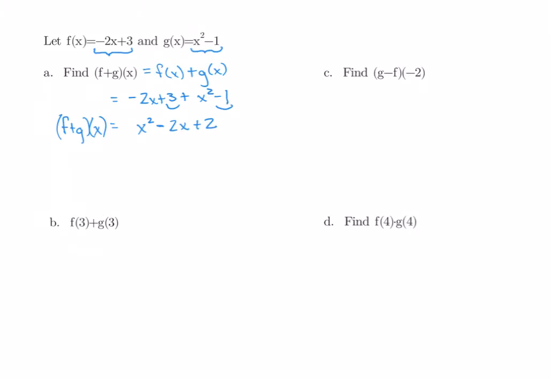All right, now that we have that definition, let's go ahead and try example B. Example B, it says we want to find f of 3 plus g of 3. And there's two ways that you can do this. What we can do is find f of 3.